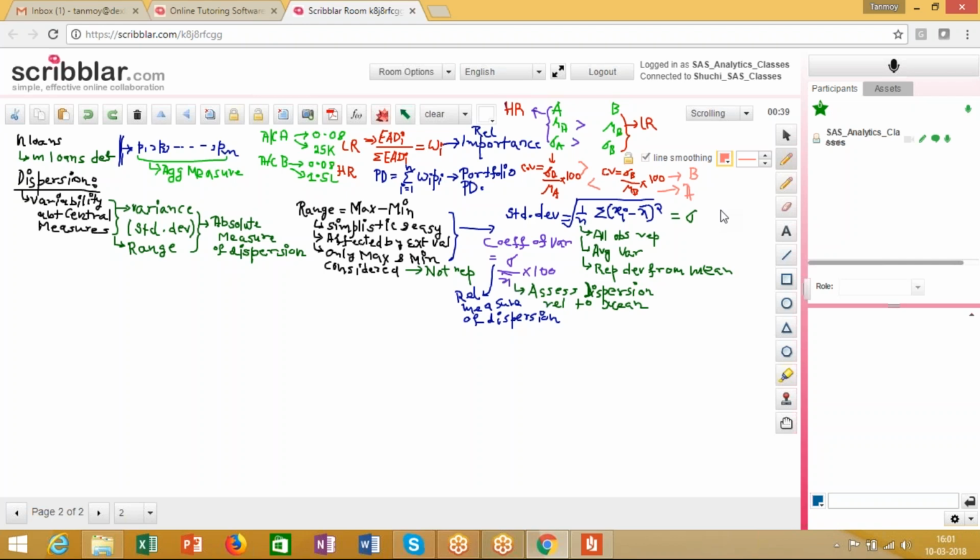So suppose you have two groups of borrowers and you want to understand who is relatively more risky and who is a relatively less risky customer. What you do is compare their coefficients of variation, and you can actually frame an idea about who is a better and who is a more risky borrower and so on. Right?